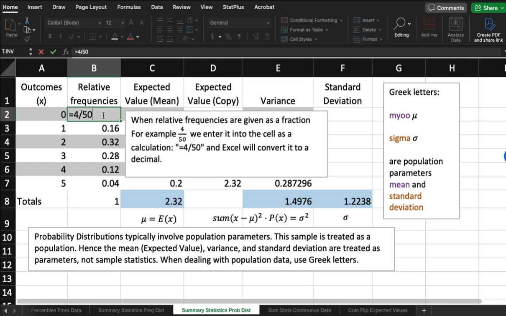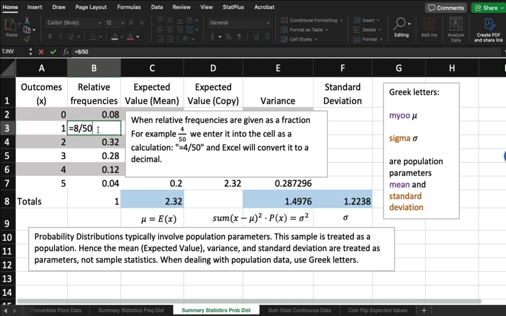So in Excel, I just typed equals 4/50 and it calculates that as a decimal, which is fine. Every one of these numbers was entered in by hand. I just copied it from the data table that was given to me. So this is basically our probabilities. These are the probabilities of these happening.